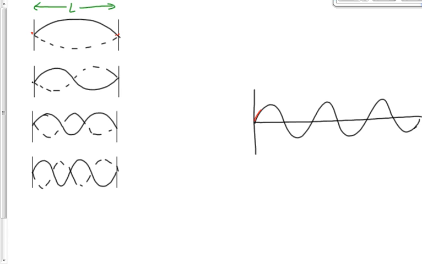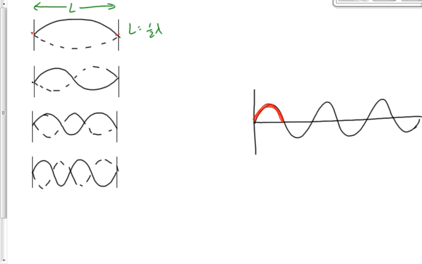So in other words, we're going like this. Can you tell me how much of a wave that is? Is that a whole wave? Is that a half a wave? Is that 3/4 of a wave? Is it 2 waves? How much of a wave have I just penciled in red there? It's a half a wave. So we're going to say the length of this string, in this case, is half of the wavelength.